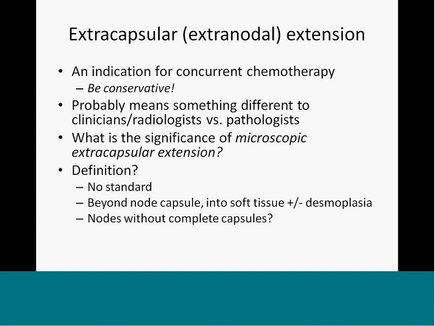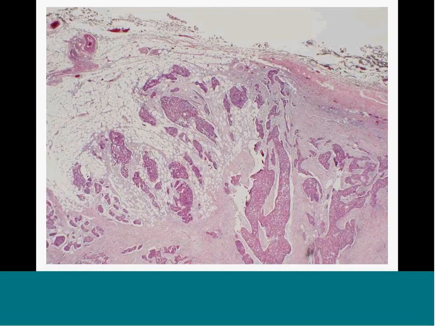Obviously, we can see something much more subtle, that is microscopic extracapsular extension. There is no standard definition for what constitutes extracapsular extension. I think of it as tumor that's beyond the node capsule into the soft tissue without a desmoplastic reaction. Sometimes you have an issue when you have nodes without a complete capsule. In the instance that I'm showing here, it's pretty clear-cut that you have extranodal extension into surrounding fat.